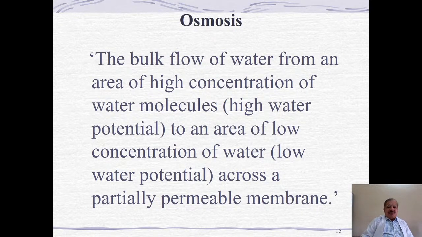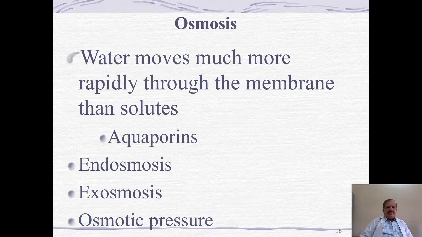Osmosis is the bulk flow of water from an area of higher concentration of water molecules, high water potential, to an area of low concentration of water, low water potential, across the partially permeable membrane, that is the semi-permeable membrane. Water moves much more rapidly through the membrane than solutes, through aquaporins.